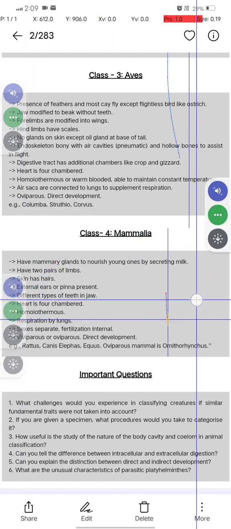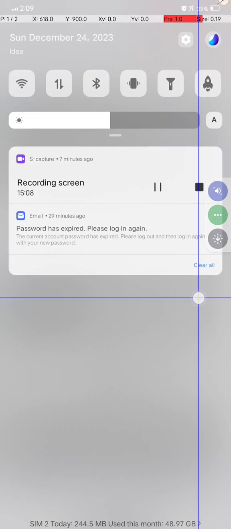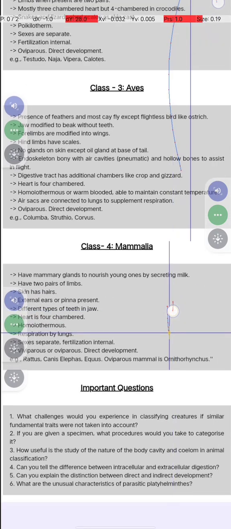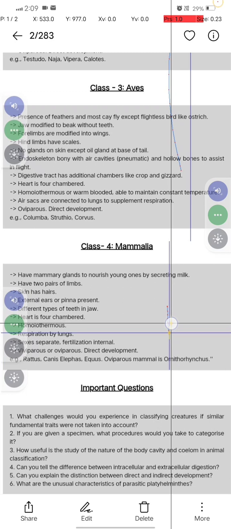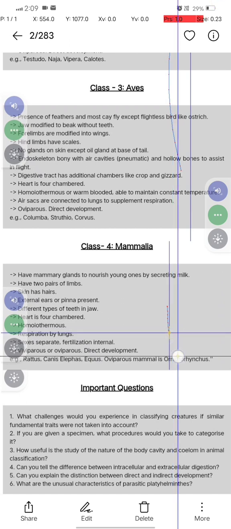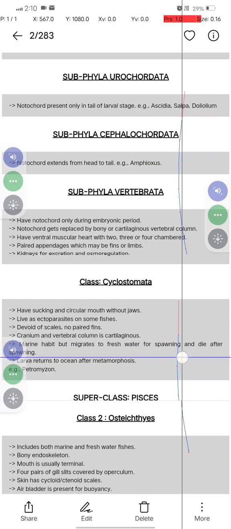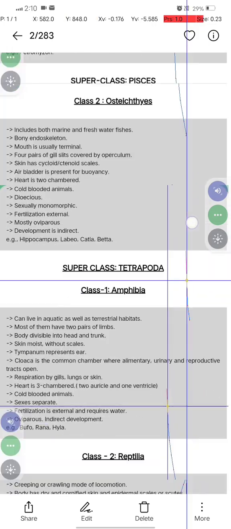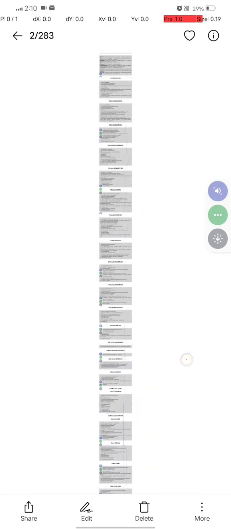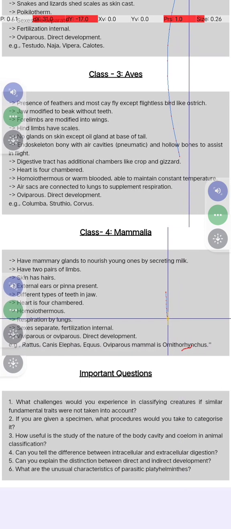Okay, उसके बाद external ear or pinna present, different types of teeth, jaw and hair, heart is four chambered, homeothermous and respiration by the lung, sexes separate and the fertilization internal, viviparous mostly, direct development. Examples Rattus, Canis, Elephant, Equus, and oviparous mammal Ornithorhynchus.